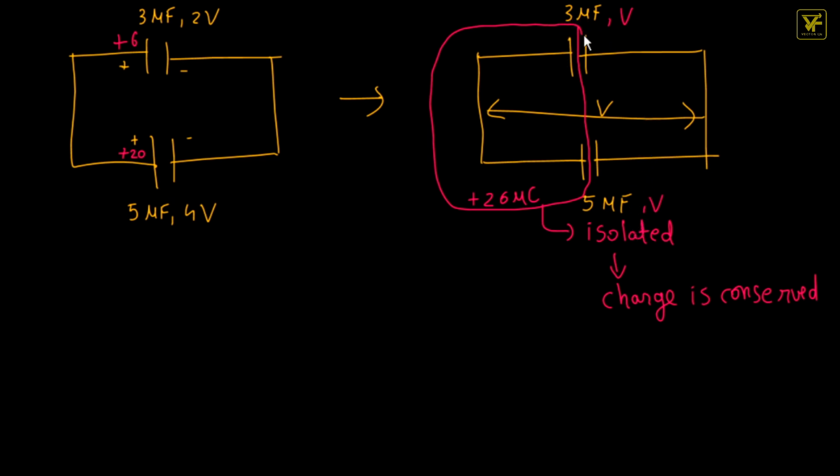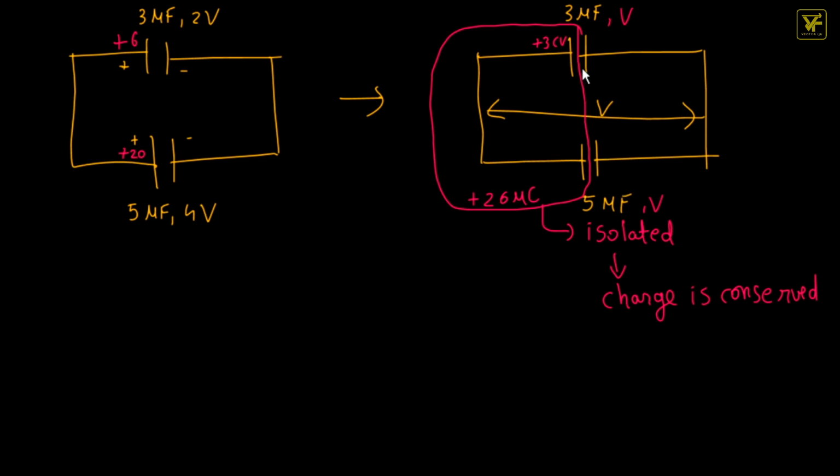Can I say that charge on the positive plate of a capacitor is always C into V, Q equals CV. So charge on this one is plus 3 CV and charge on this one is plus 5 CV. I'm sorry.